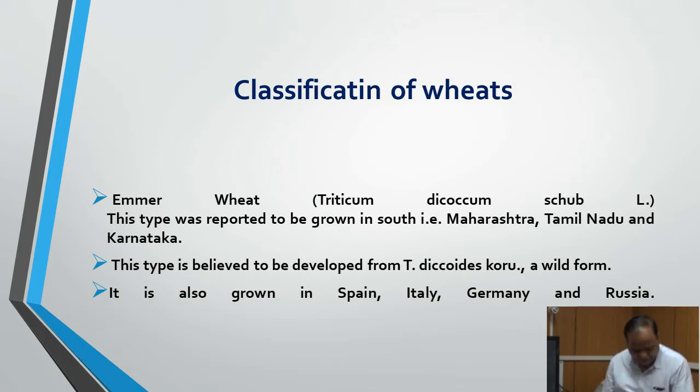The first type of wheat, that is emmer wheat, in scientific name it is also known as Triticum dicoccum, and this is grown in very little area in India, only nearly about 1% of the total area cultivated in wheat in India, and it is mostly grown in Maharashtra, Tamil Nadu, Karnataka. It is also grown in Spain, Italy, Germany and Russia.